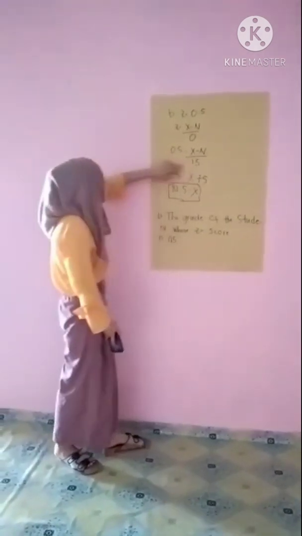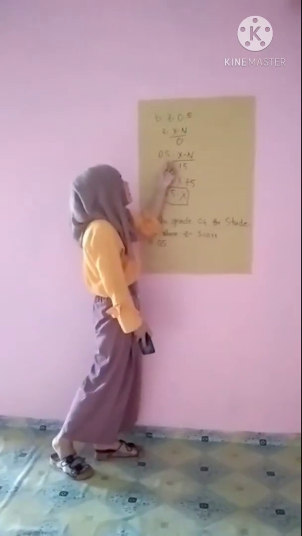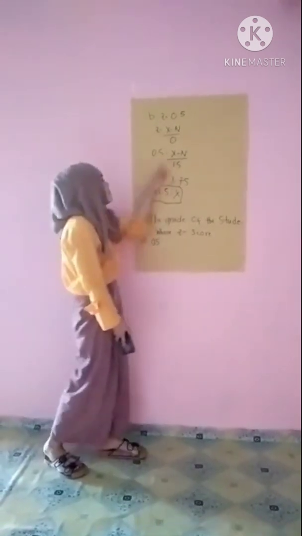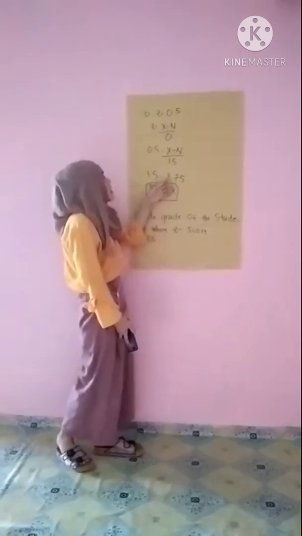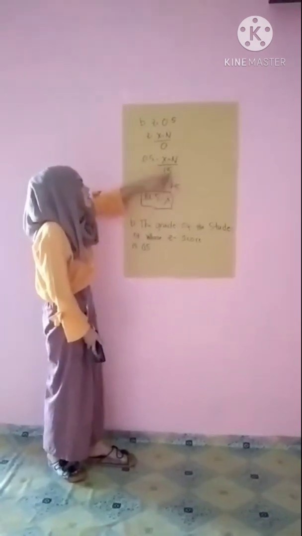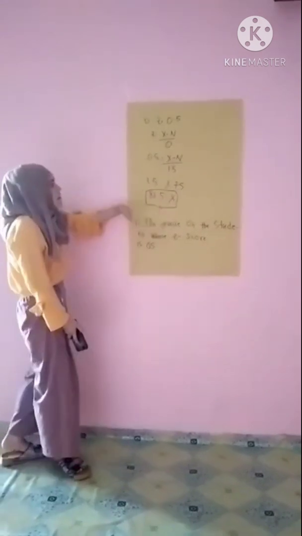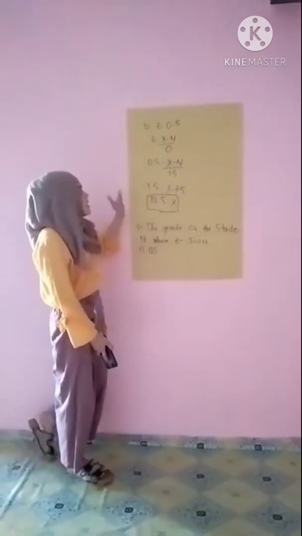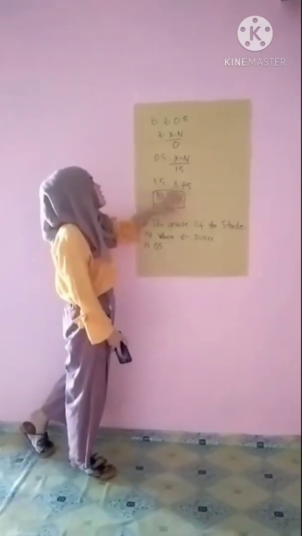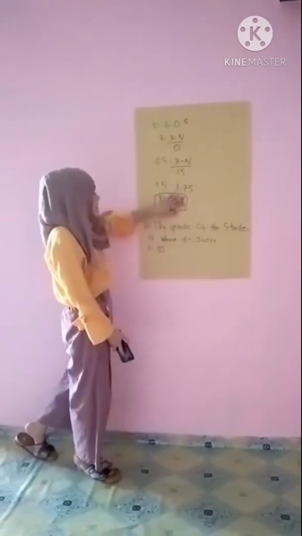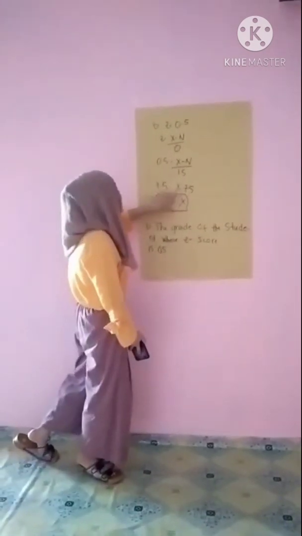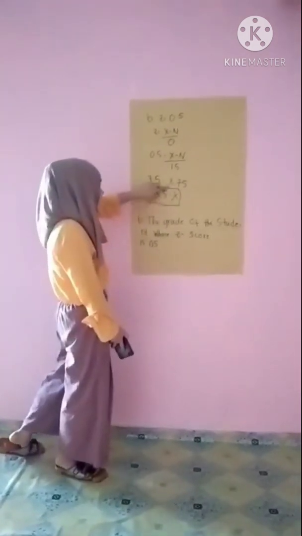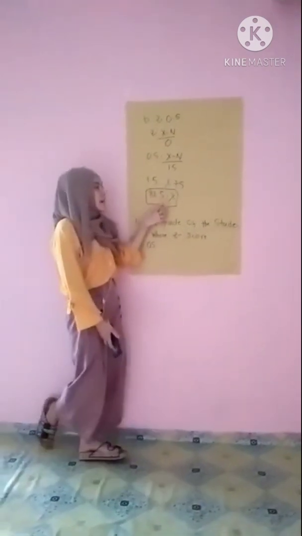To substitute that, 15 times 0.5 equals 7.5, and that equals x minus mu, where mu is 75. To solve this, we transpose 75 to the other side: 75 plus 7.5 equals x, so x is 82.5.